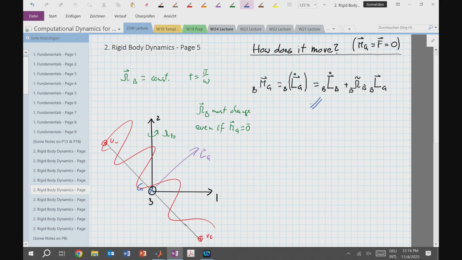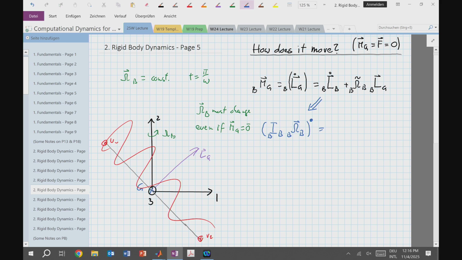Then I can go ahead and say, now I'm doing numerical derivatives of my angular momentum, right? And the angular momentum was defined as the inertia matrix multiplied with the angular velocity. That's a numerical expression, right? These are matrices or matrix-vector multiplication. I want to take the derivative of this.